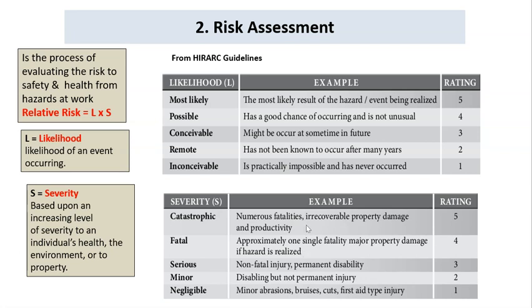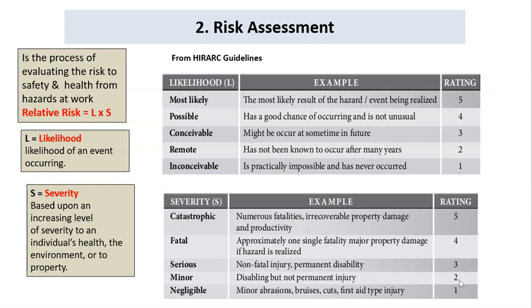And for severity, betapa parah sesuatu accident tu berlaku, the rating is again 5 to 1. 5 is extreme, which involves numerous fatalities, banyak kematian dan juga kerosakan yang tidak boleh dibetulkan terhadap properties and machine. And scale number 1 is minor bruises and cuts, so it's a light or first aid injury type.